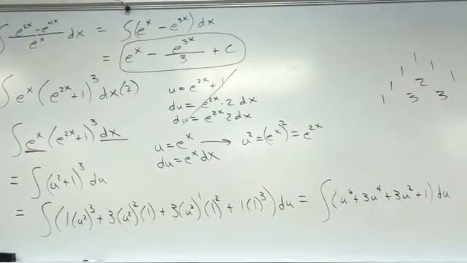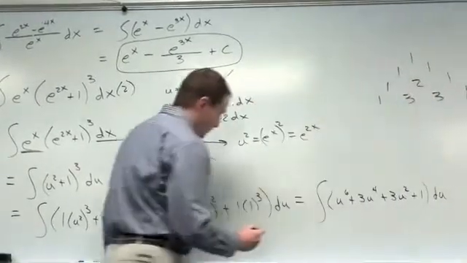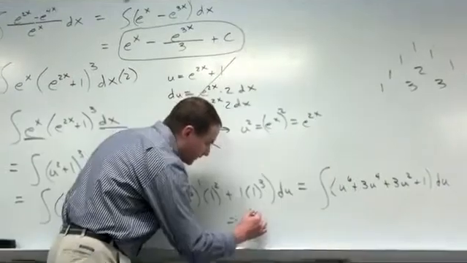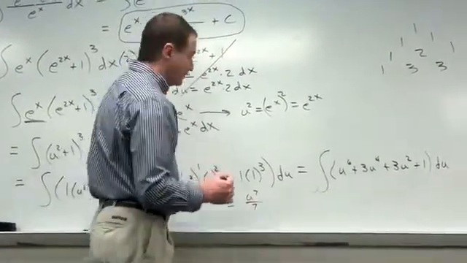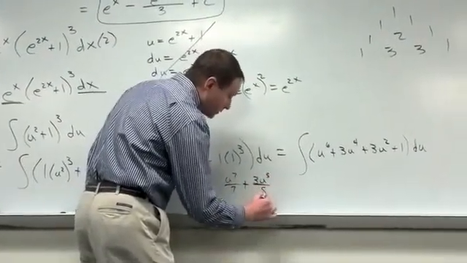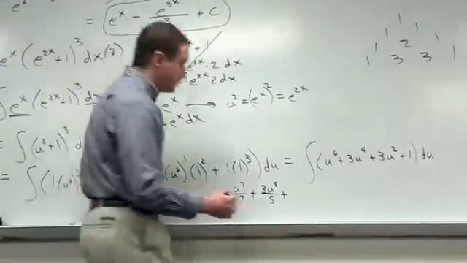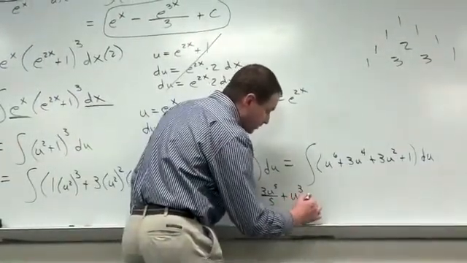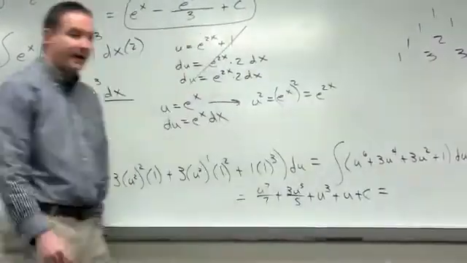Integrating this, we get u to the 7th over 7, plus 3u to the 5th over 5, plus 3u cubed over 3, so that's just plus u cubed, plus u plus c. Final step, you substitute what u is. u is e to the x.